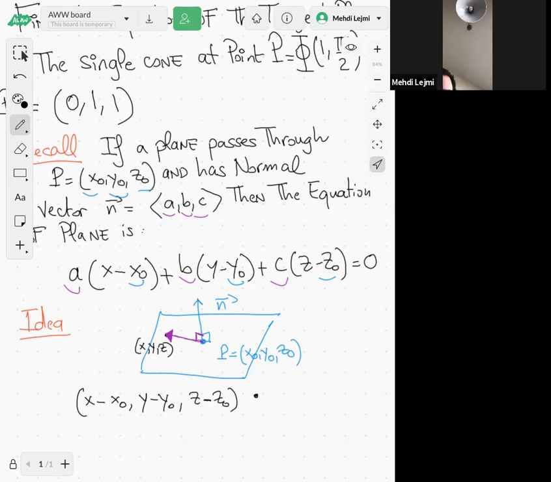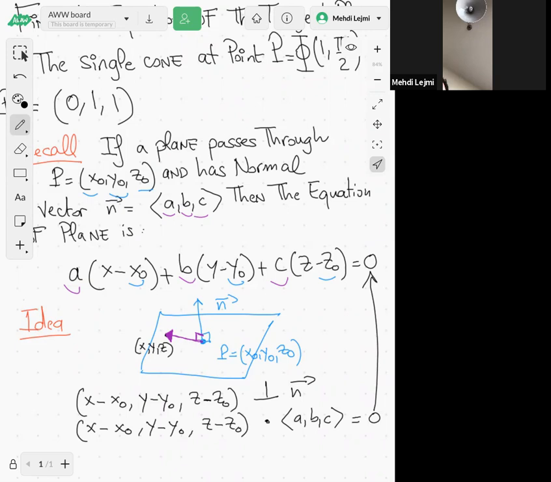It is orthogonal to n. And so if you use the scalar product, then the scalar product of these two vectors with a, b, c would be 0. That's why we got 0 here; this is just this scalar product. Anyway, that's to remind you why we have such an equation.